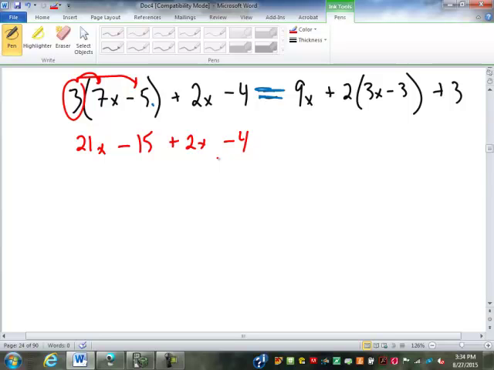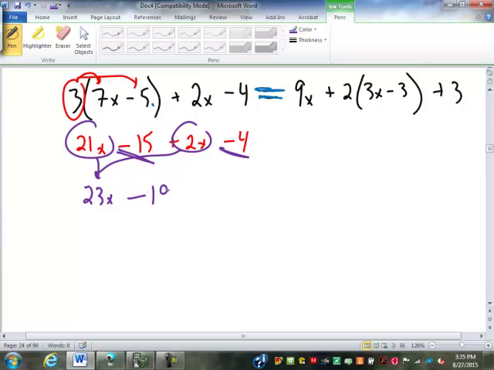Okay, now we can combine things that have the same name. So we have 21x and we have 2x, which are going to make what? 23x. Then we have, this isn't a 15, it's a negative 15, and a negative 4 make negative 19.